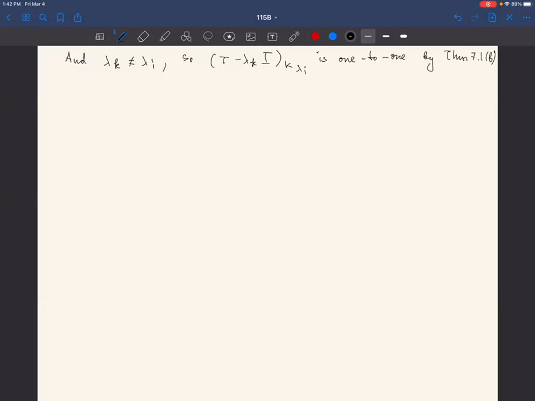Because remember there we had, if we have two distinct eigenvalues, then restricting the operator corresponding to one of them to the subspace corresponding to the other one is 1-to-1. So it's 1-to-1. Hence, it is onto.